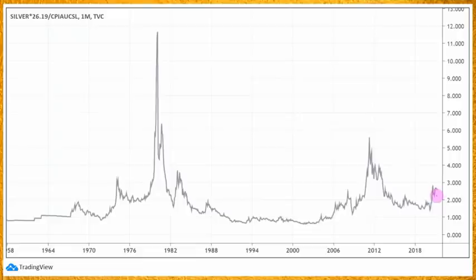Even if you think about buying the physical with the premiums, even with all that, it's cheap as chips. And I'm convinced this is probably one of the most undervalued commodities out there right now. There are a couple of others that I can think of, but yeah, silver is up there. It's super, super cheap right now, I reckon. And it's not going to stay that way forever.